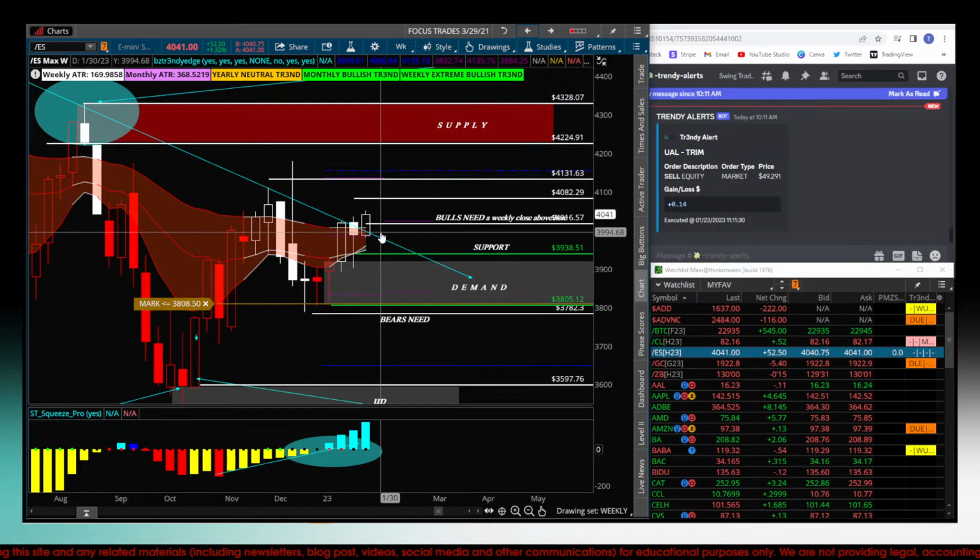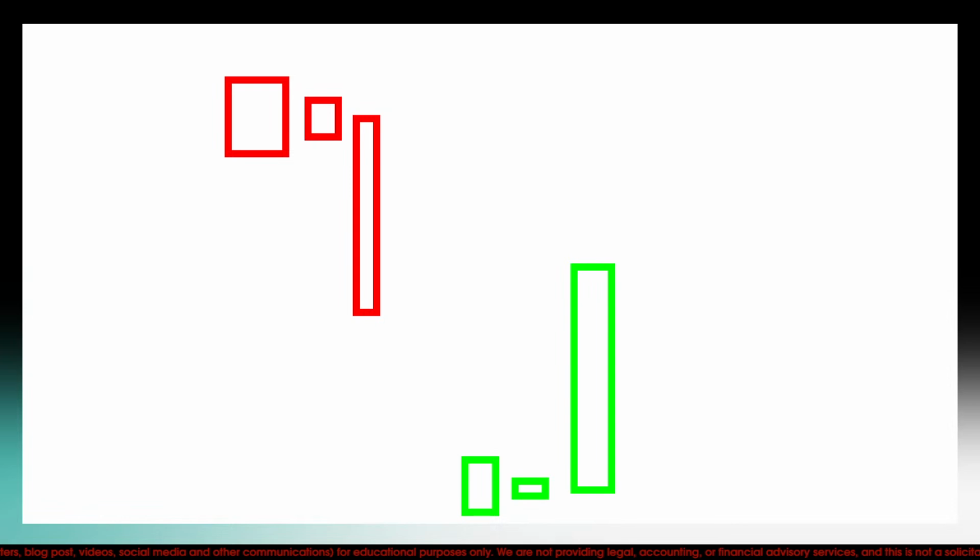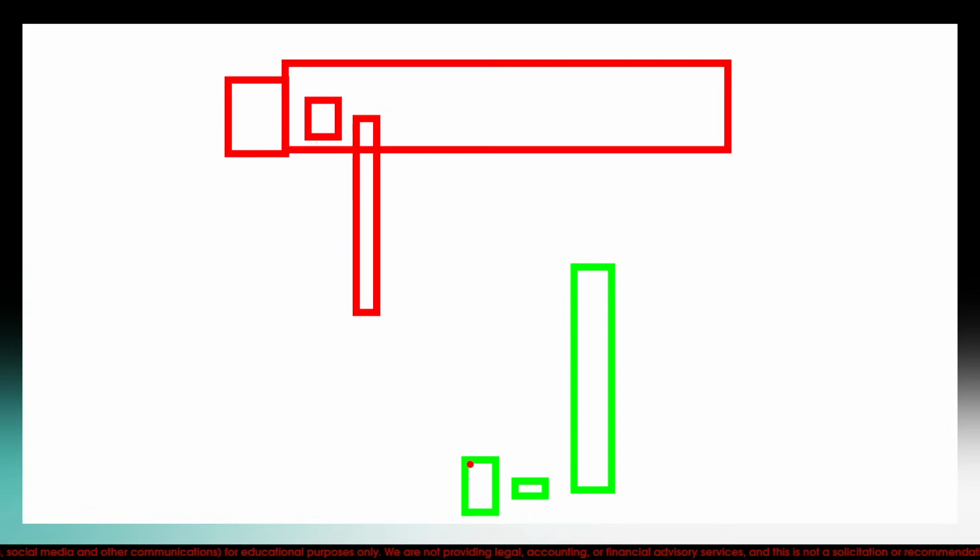Remember, the demand and supply levels that I teach you are inside and down, and then somewhere down here, we have inside and up.